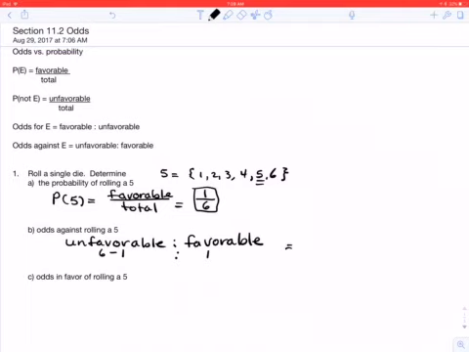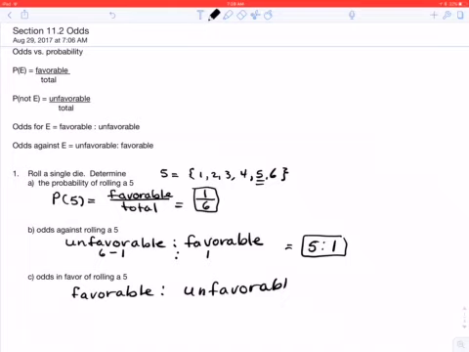So our ratio would be 5 to 1, the odds against rolling a 5. Now, odds in favor of rolling a 5, it's a ratio of the favorable outcomes to the unfavorable outcomes. I can just take the odds against and turn it around. 1 that was favorable to the 5 that were unfavorable.